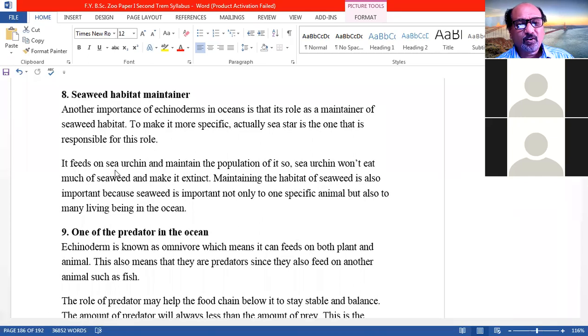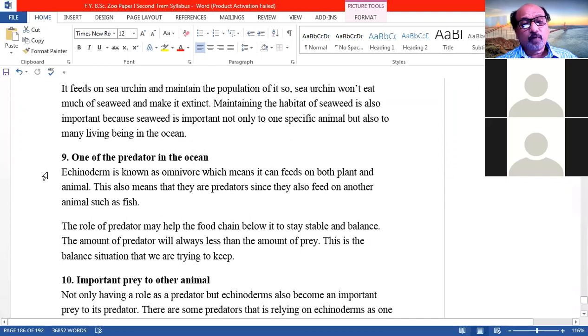It feeds on the sea urchin and maintains its population, because sea urchins want to eat much of the seaweed and make it extinct. Maintaining the habitat of the seaweed is also important because seaweed is important not only to one species of animal but also to many living beings in the ocean.